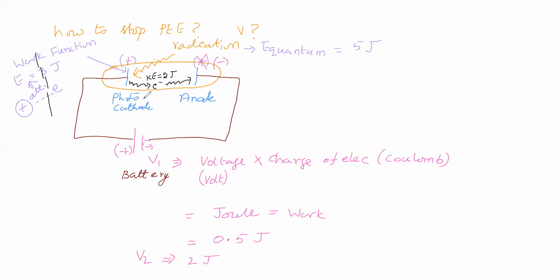Sir, now because of this battery we made this plate a negative charge. This negative charge is opposing this electron. We made this plate a positive charge. This positive charge is pulling back this electron. Now due to this battery the external opposing energy is 2 joule.